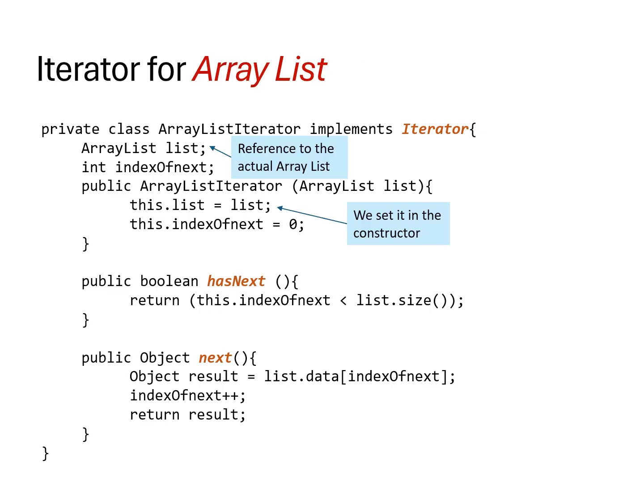Inside the array list iterator, we have a reference to the actual array list. This reference is set up in the constructor of the array list iterator. So this iterator has a connection to the list from which it is created.